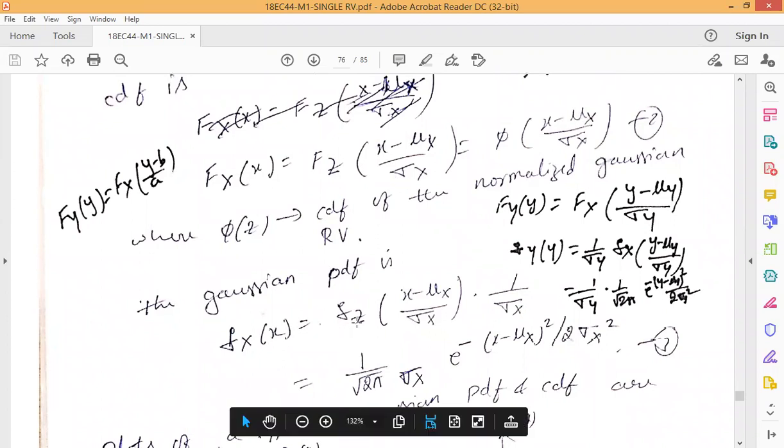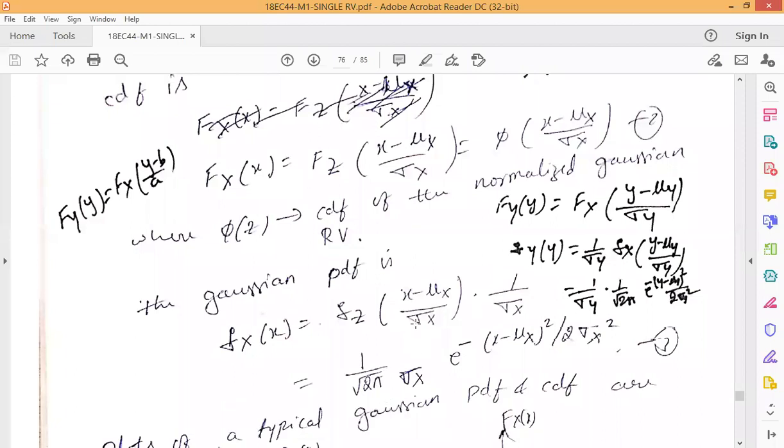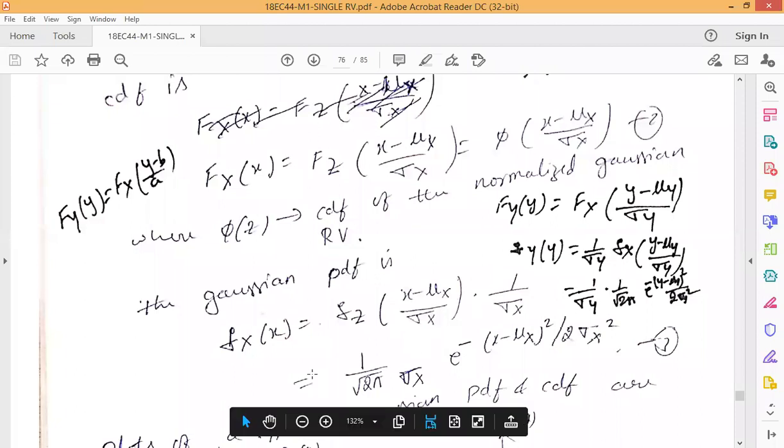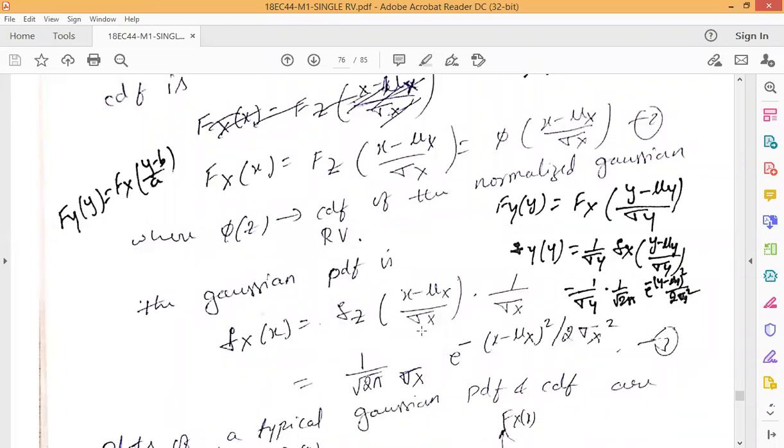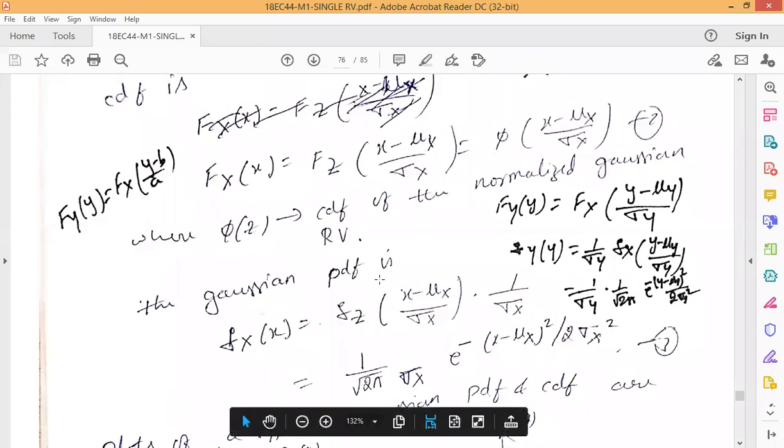So here that will result in f_X of x equal to, the differentiation of this with respect to x, 1 by sigma x into small f_Z of (x minus mu x) divided by sigma x. And f_Z of (x minus mu x) divided by sigma x is nothing but the PDF of the random variable z.